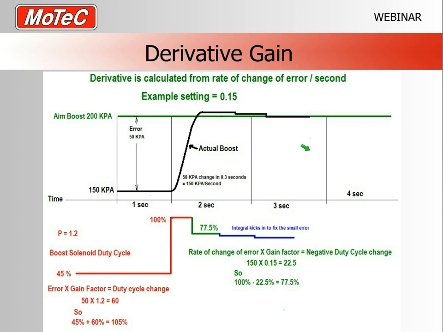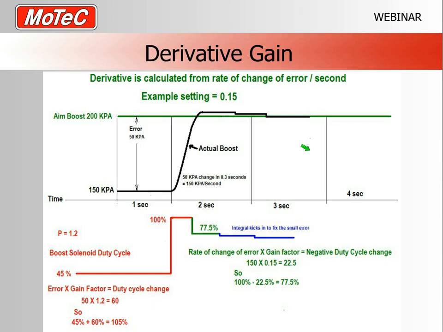Solenoid opens right up, the boost starts to change in a big hurry, the derivative factor calculates that it's changing in a big hurry and says, hang on chief, we need to pull the brakes on this. So it pulls out, in this case, 22.5% of duty cycle and helps to stop the thing overboosting. So that helps to curb the big overboost.